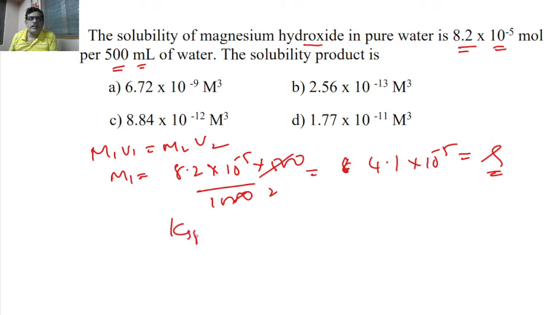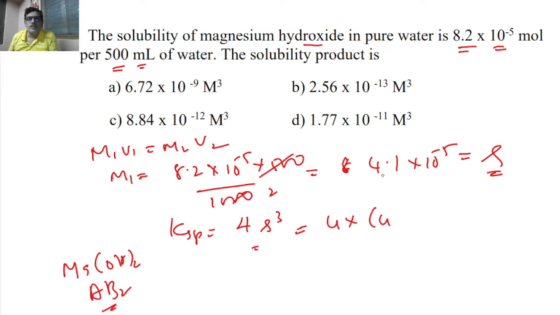Now Ksp is nothing but 4S cube, because magnesium hydroxide is of the formula AB2. So AB2 types of salts have Ksp equal to 4S cube. That comes to 4 into 4.1 cubed into 10 to the power of -5 cubed. So that will be 256 if we calculate, into 10 to the power of -15.